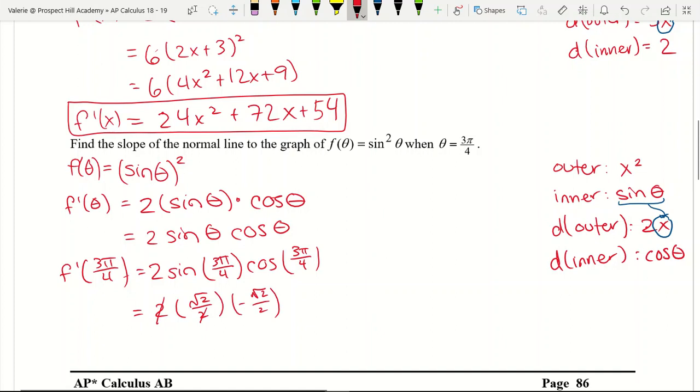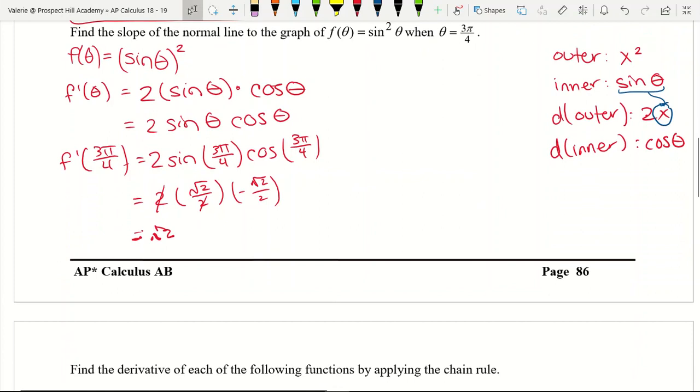The 2's will cancel here, and we're left with root 2 times negative root 2 over 2, which is just negative 2 over 2, which is just negative 1.